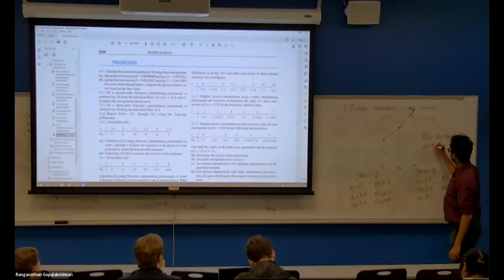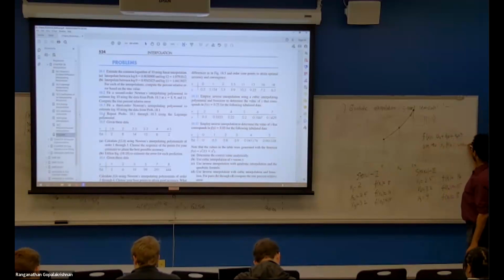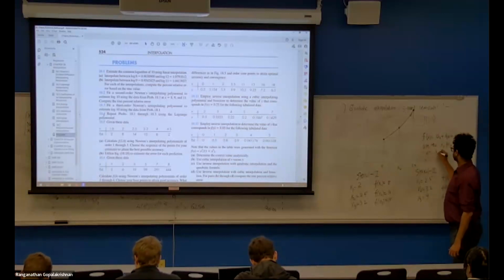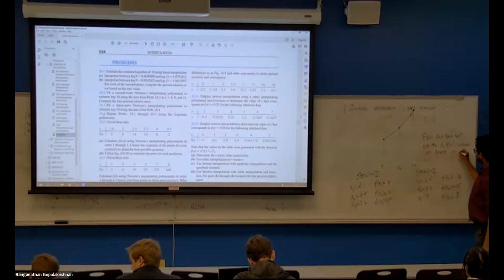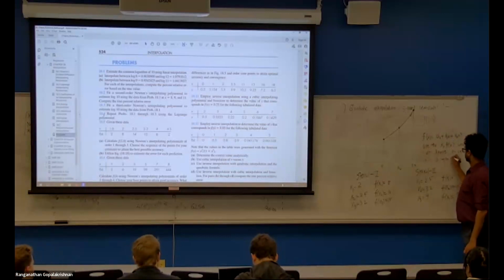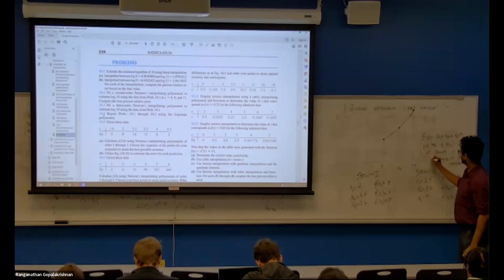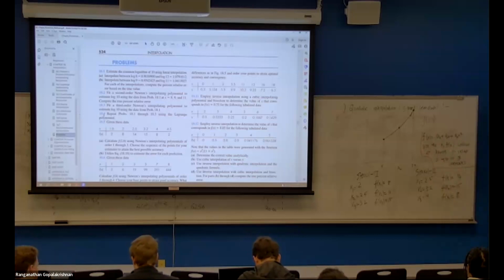Use the x, f of x values at 3 points, that is the 3-point template, to set up 3 equations in 3 unknowns. Once you set it up, since you are already familiar with solving linear equations, you can figure out what a0, a1, a2 are from the data.